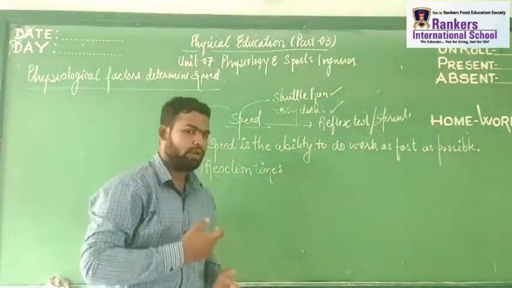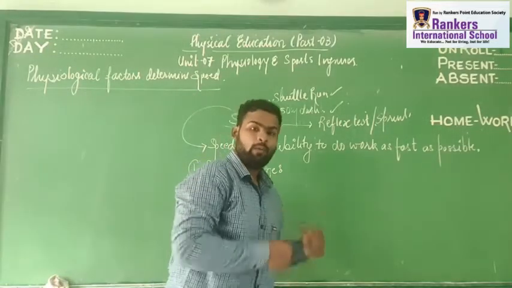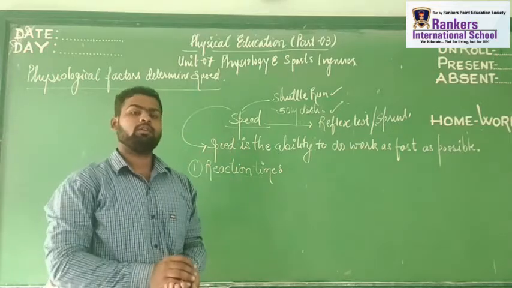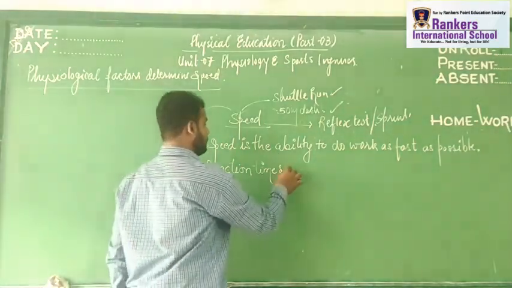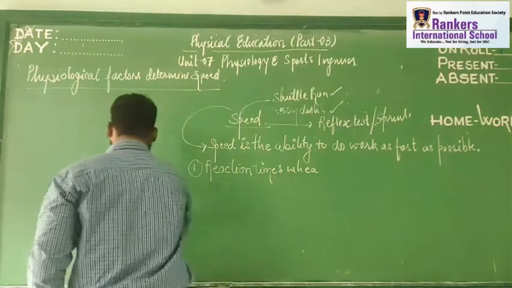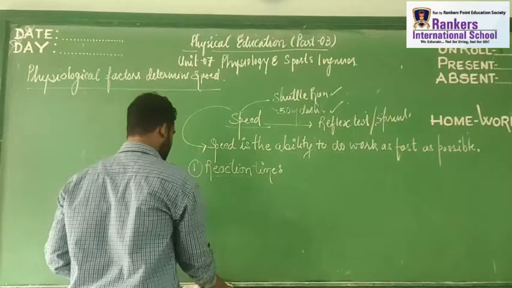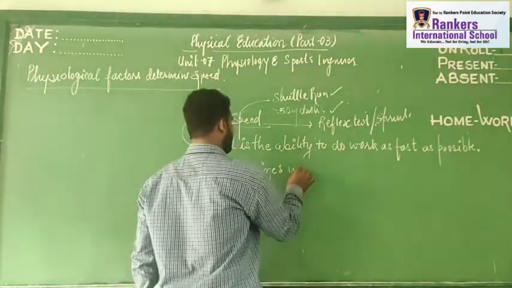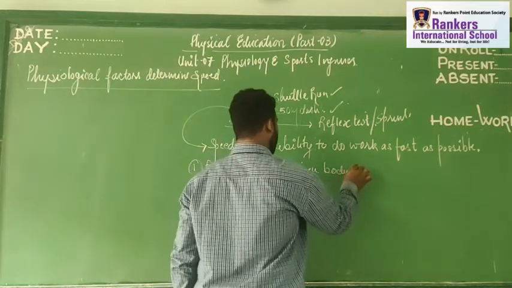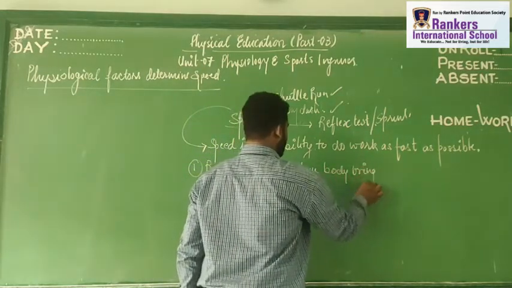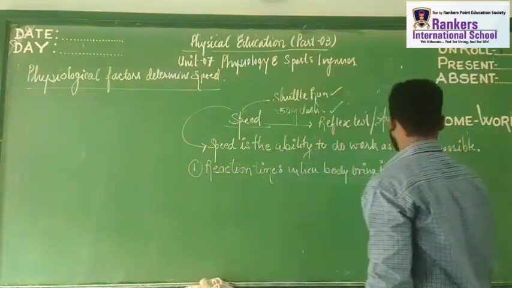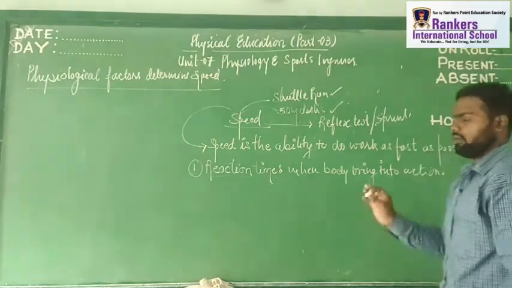When the whistle is blown, I just start running very fast. That is reaction time, when you bring your body into action. So you can write it this way: the ability to bring the body into action. So simple. When the body is brought into action, it is called reaction.